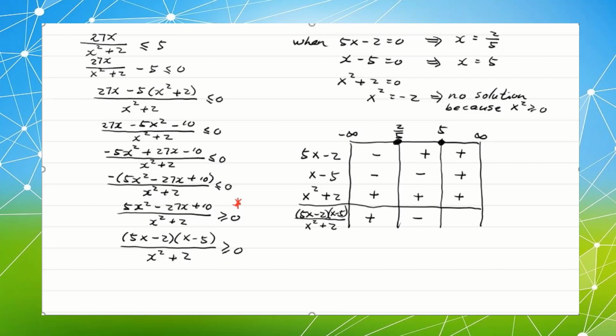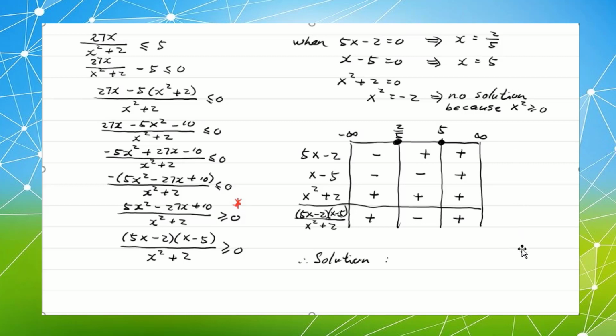Now as for x greater than 5, positive multiply positive divided by positive, then the result is positive. Now since the inequality is greater than or equal to 0, it means we need to take the interval value of x which produces the positive value.